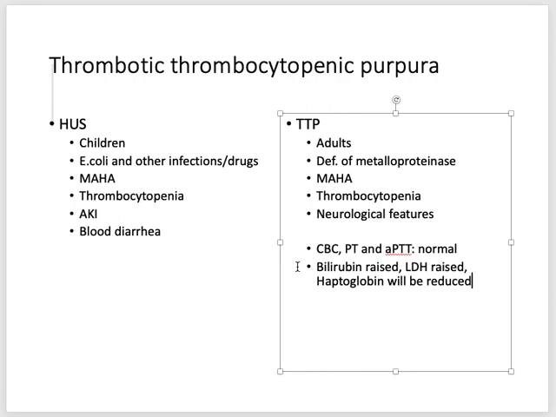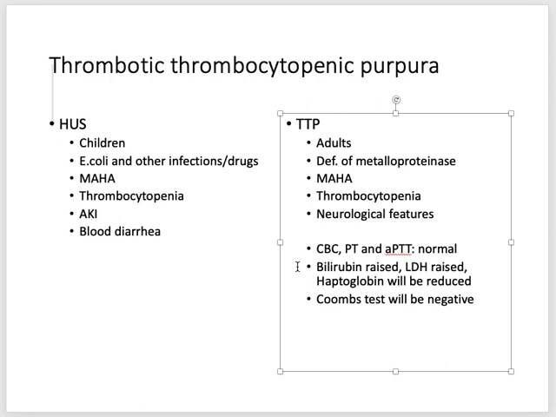If you try to check whether some sort of immune mechanism is going on, you can do a Coombs test, but the Coombs test will come back negative. And of course, acute kidney injury will be there, so it can lead to increased urea and creatinine.